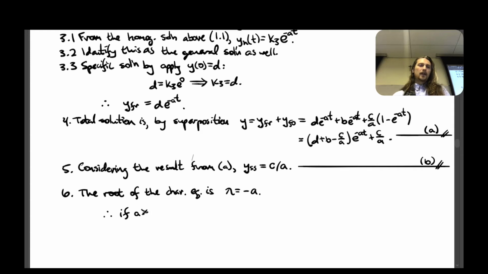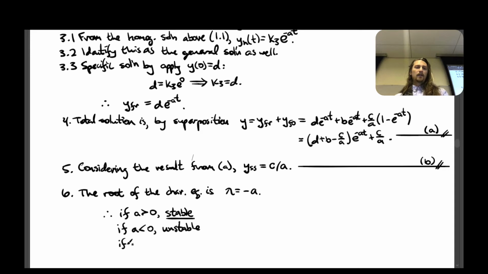So we can then say, therefore, if a is greater than 0, the system is stable, right? If a is less than 0, then the root becomes positive, right? And we have an exponential increase. So we'll be able to know that this is an unstable system.